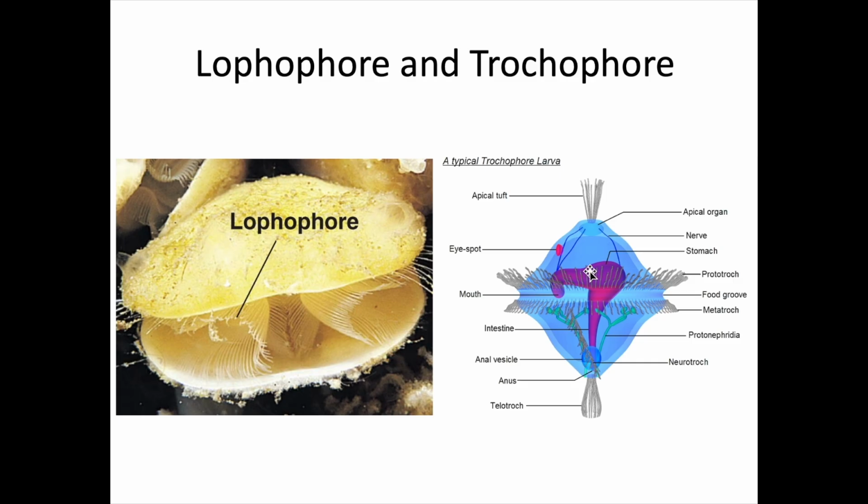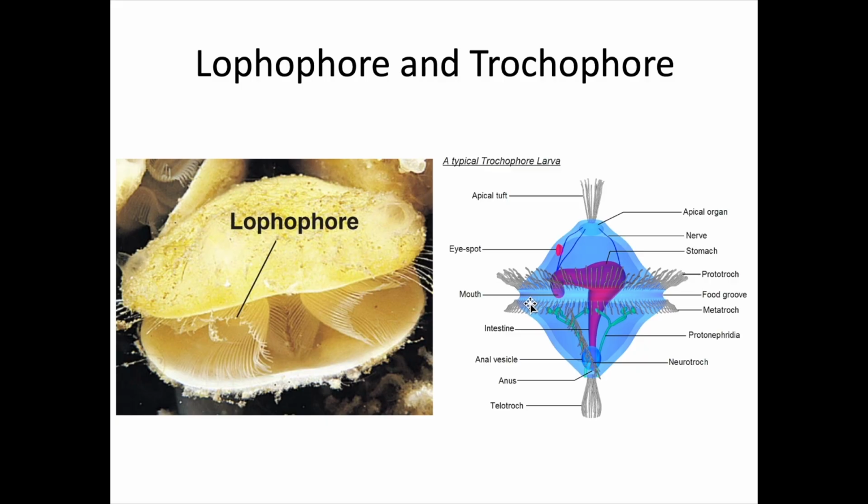So what the heck is a lophophore? What the heck is a trochophore? The lophophore refers to this ciliated feeding apparatus. It's not obvious in all of these Lophotrochozoans, but we definitely see it in many of them. The trochophore refers to a specific type of larva that has two bands of cilia running around the center.